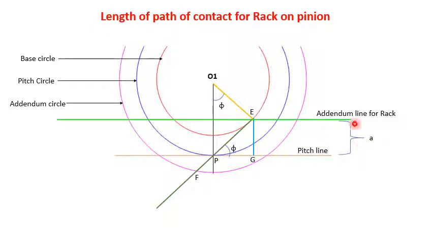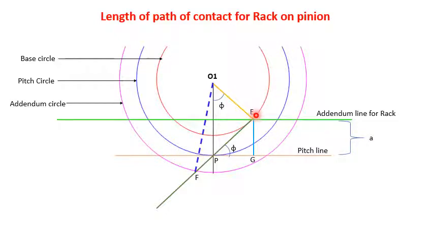Now I am going to draw a line from F to O1. In this diagram, the length of path of contact is EF.